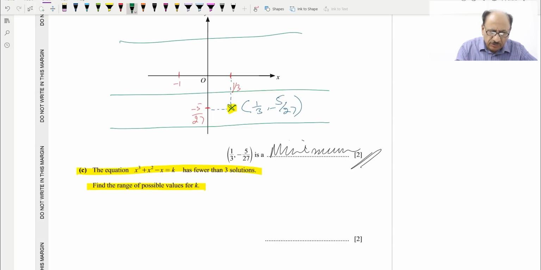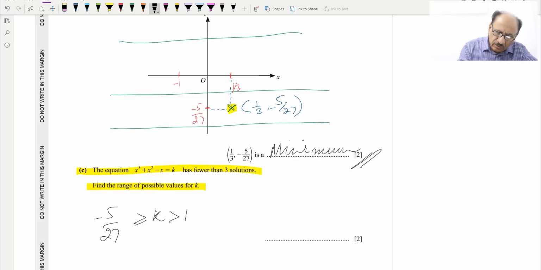So it should be k greater than 1. We can write our answer in this format: k will be greater than 1 and less than or equal to minus 5/27.